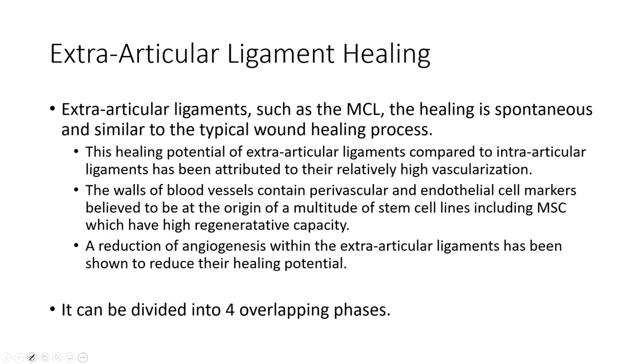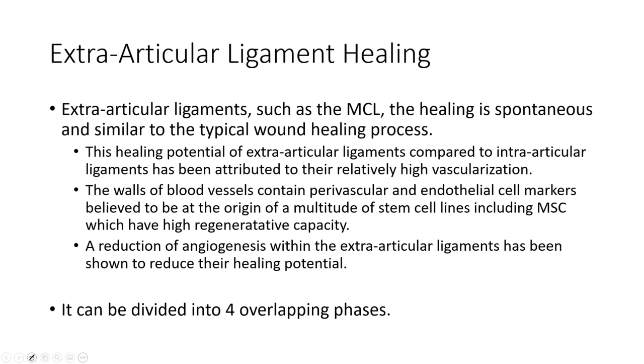This high degree of vascularization sets the stage not only for providing blood flow to repair tissue, but also supplies some of the stem cells which enable the regenerative capacity of that tissue. Importantly, a reduction of angiogenesis within extra-articular ligaments does reduce the healing potential. So the blood supply is crucial for the ability of really any tissue to spontaneously heal after injury.